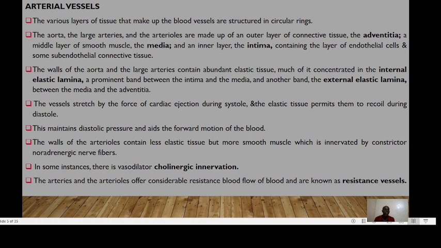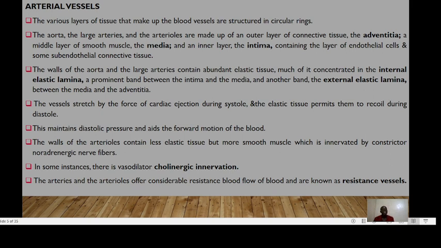The vessels stretch by the force of cardiac ejection during systole, and the elastic tissue permits them to recoil during diastole. This maintains diastolic pressure and aids the forward motion of blood. The walls of the arterioles contain less elastic tissue but more smooth muscle, which is innervated by constrictor noradrenergic nerve fibers.